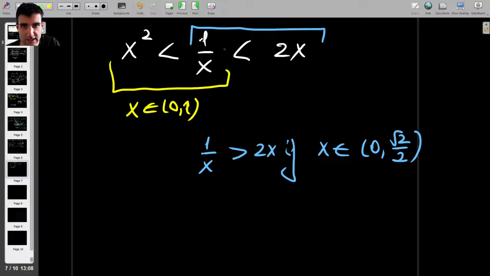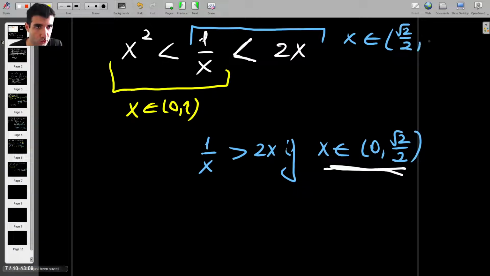But this inequality has the opposite sign, okay? So if 1 over x is greater than 2x for x in this range, it means 1 over x is less than 2x for x outside of that range. So x is going to go from root 2 over 2 all the way to infinity. Okay? So it's sort of a negation that takes place.